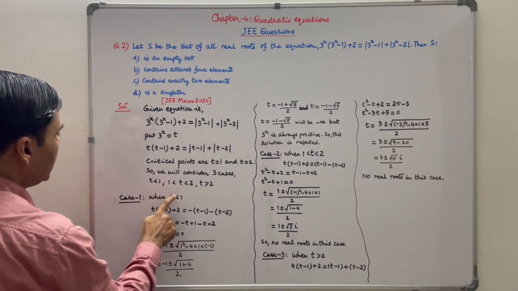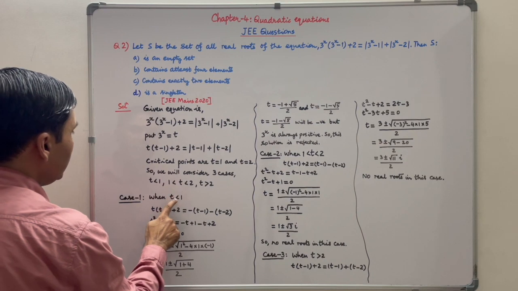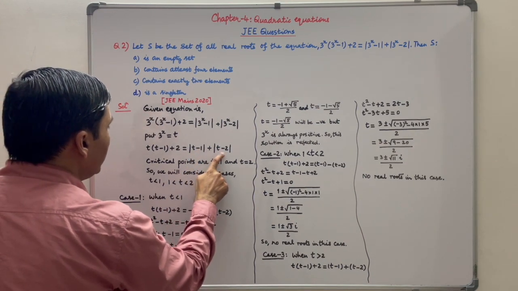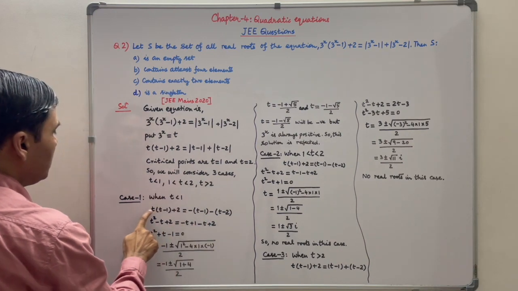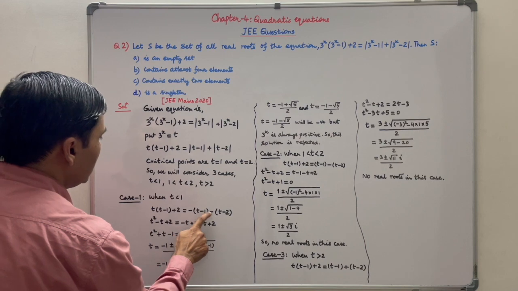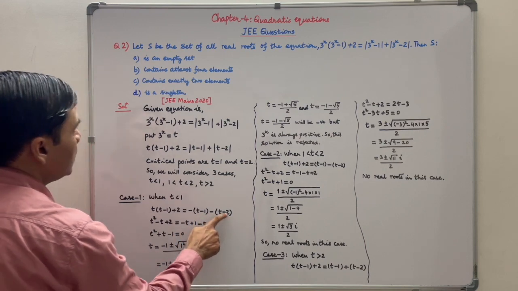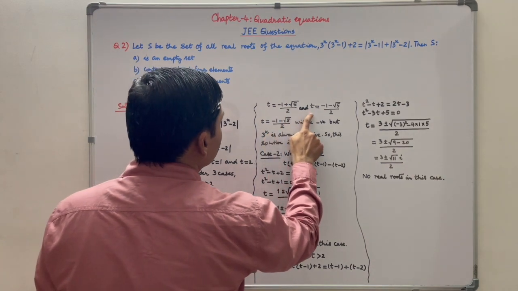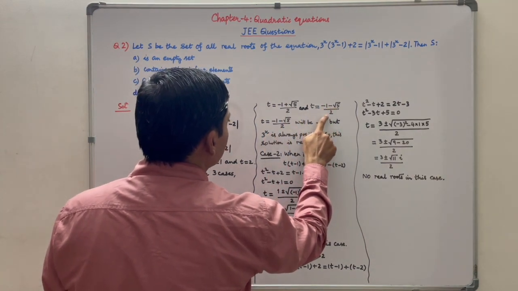Case 1: when t is less than 1. Both |t - 1| and |t - 2| will be negative. So the equation will be t(t - 1) + 2 = -(t - 1) - (t - 2). So t = (-1 + root 5)/2 and t = (-1 - root 5)/2.